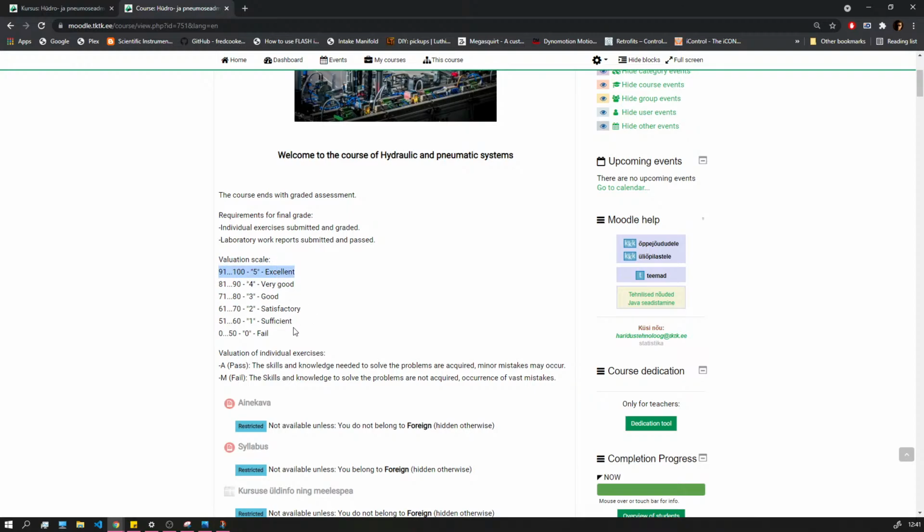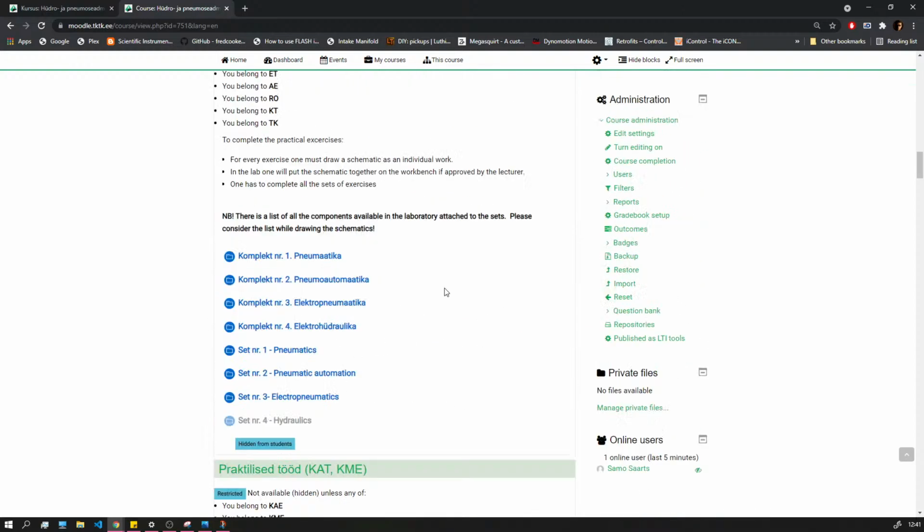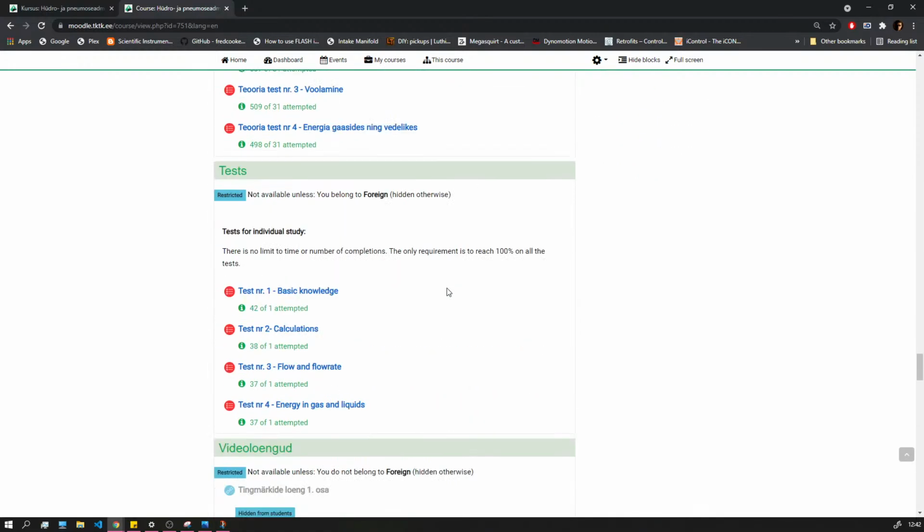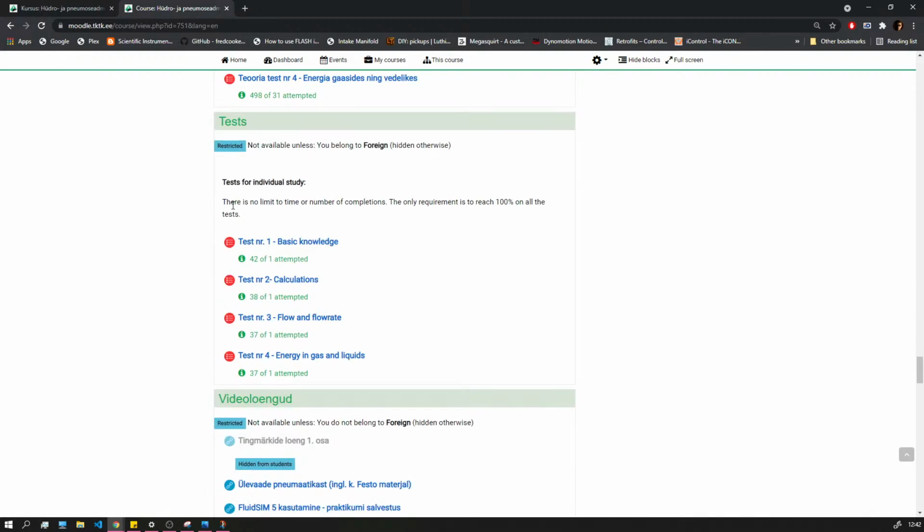So basically the practical part gives you about 40 points in the course. Then you complete theoretical tests. These tests don't have limits to time or number of attempts, and you receive 10 points for your score there.